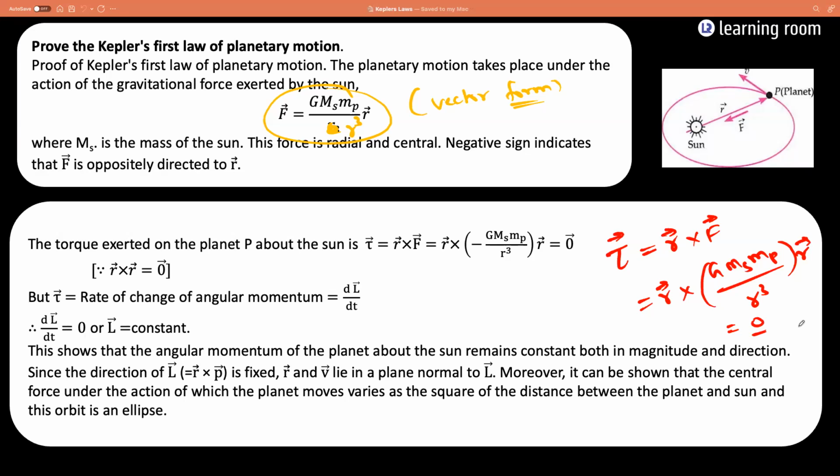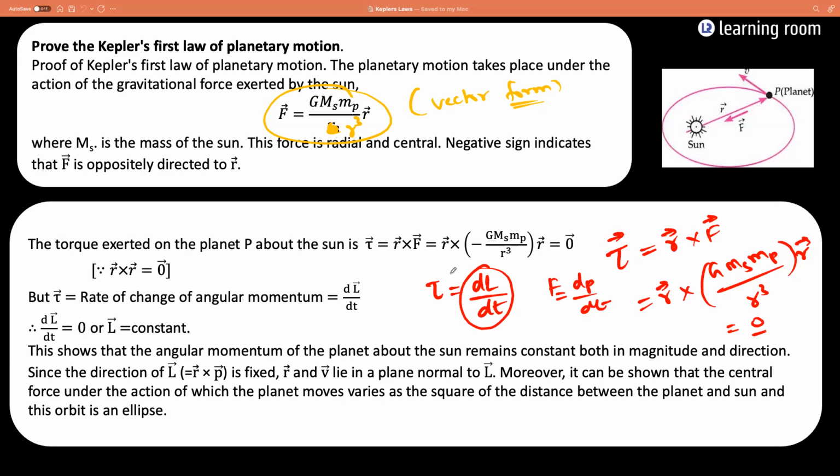So it clearly shows that the torque experienced by this planet about the sun is zero. When torque is zero, the rate of change of angular momentum is zero. Why? Because torque is equal to dL by dt. How will you remember it? Force is dp by dt, and torque is dL by dt. So when torque is zero, dL by dt is zero.